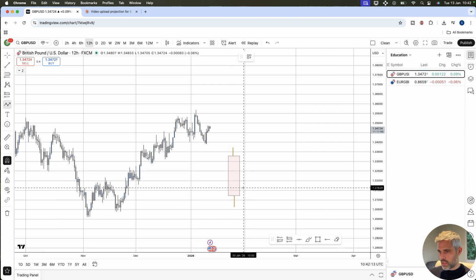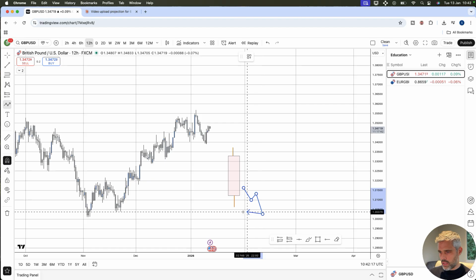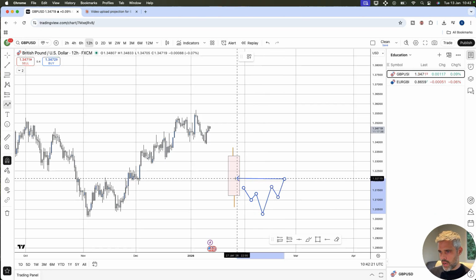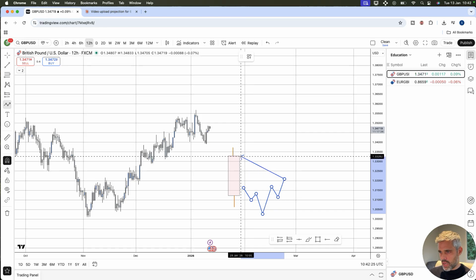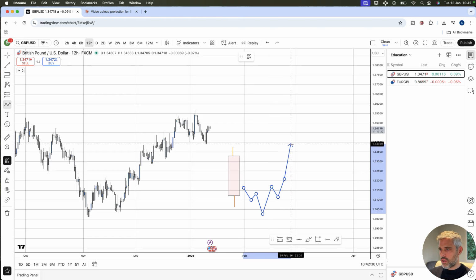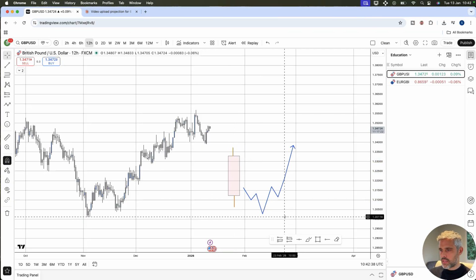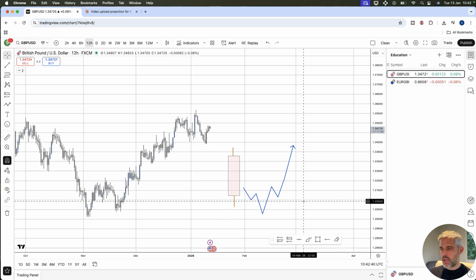Or do we think that price is going to liquidate the low of the candle and maybe shift and target either the midpoint of the range, the 50%, the candle's opening price if this was a bearish candle, or ultimately do we think that it's going to target the liquidity that sits at the high of this candle? So that is the premise of trading candles as ranges.